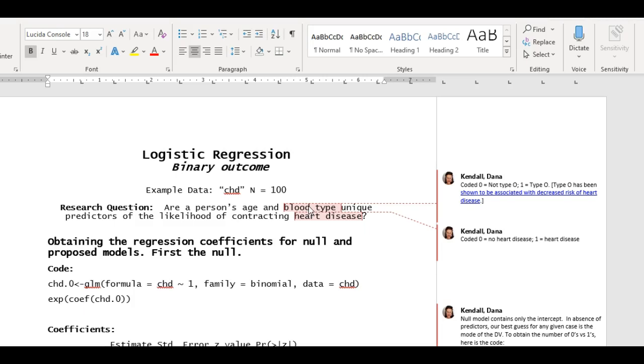And by the way, logistic regression is something that I don't see too much in our literature. Sometimes it's there, and in fact, I put online a resource for you. It's a study that used this method, and so you can use it as a template to write up the results and make sure you're not missing anything.